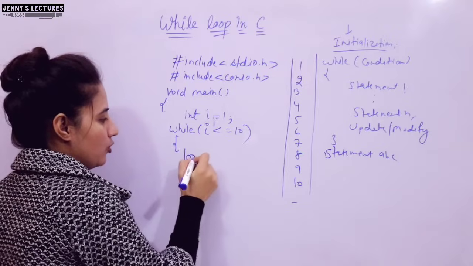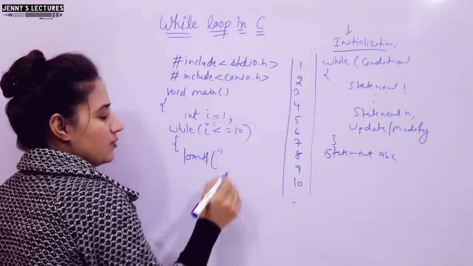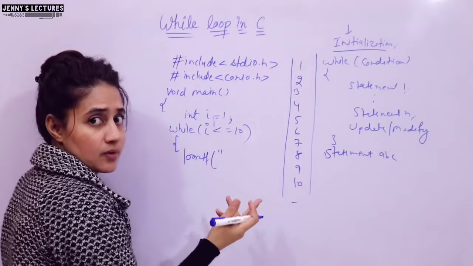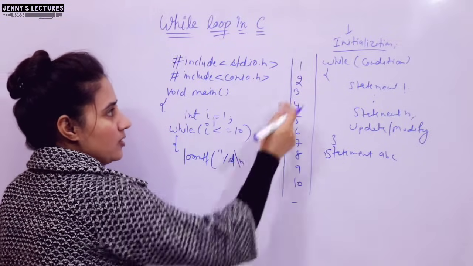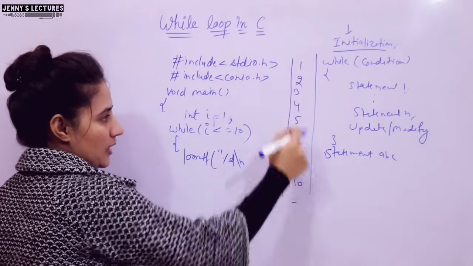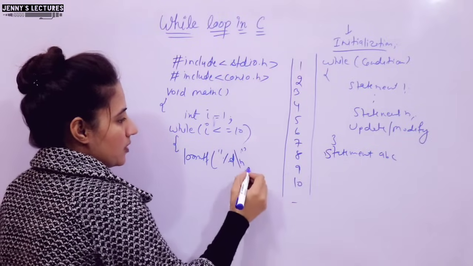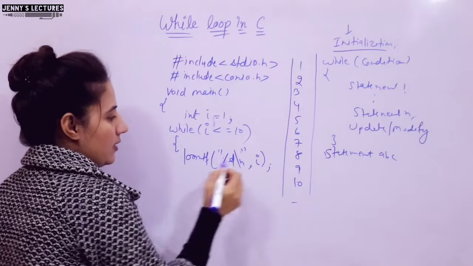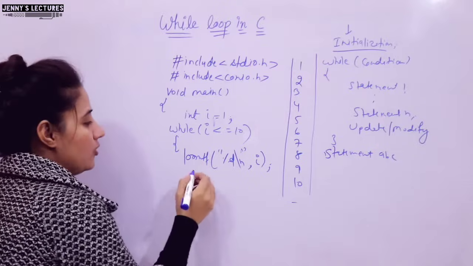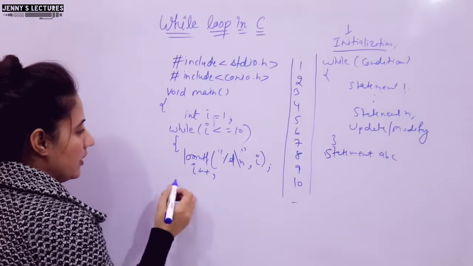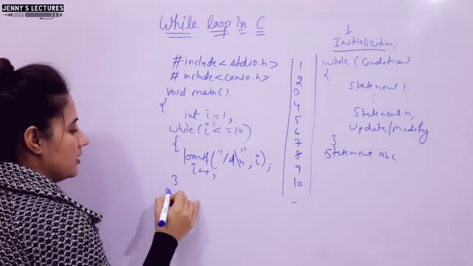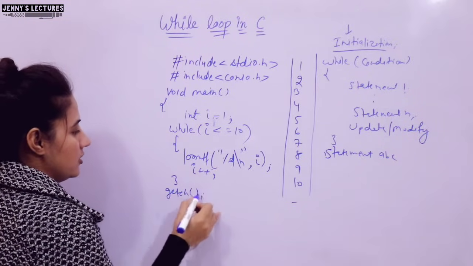Here I am going to printf whatever value of I, right? So %d and \n, because I want this kind of output, vertical not horizontal, in next line. So now I am just printing I here, and in this loop only you have to increase I plus plus, or you can write down plus plus I also, right? That is also fine. And that's it. And here we will write just getch, and that's it.